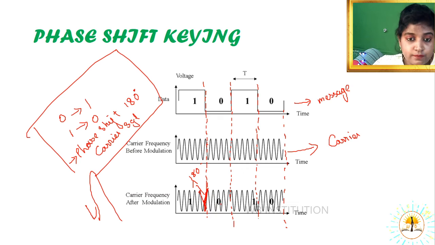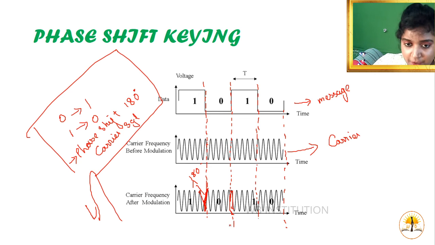Got it? Now the next transition, from 0 to 1. Again, in the upper area you can see an M-like shape. At this point the signal has to come down, but because of the phase shift of 180 degrees, the signal starts again from here itself. Did you understand the background behind this beautiful graph?